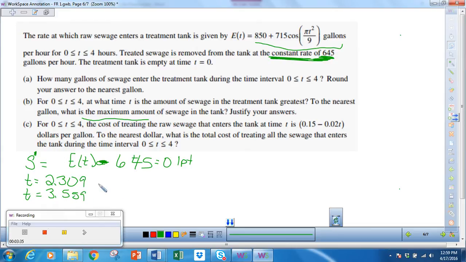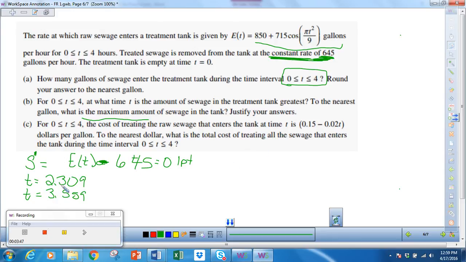Now, how do we know which of these is a max or a min? Well, we have to recognize that this is on a closed interval. Because it's on a closed interval, we have to also consider the endpoints. Second time we've had to do that. And then we need to see how much is in the tank at each of these times.